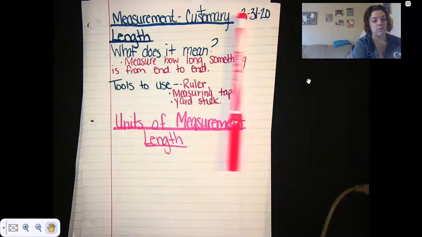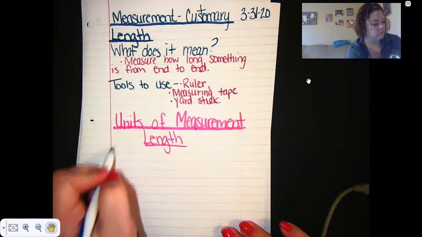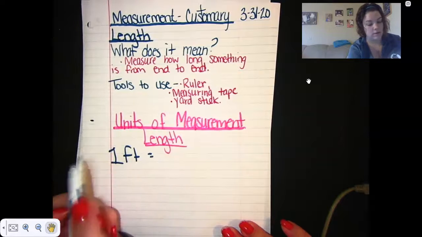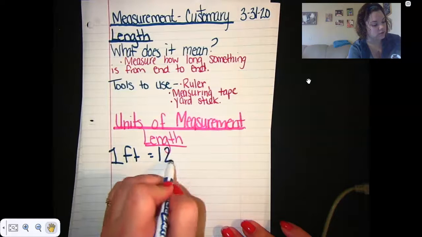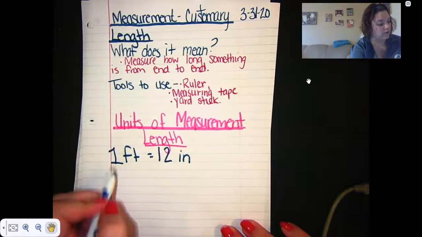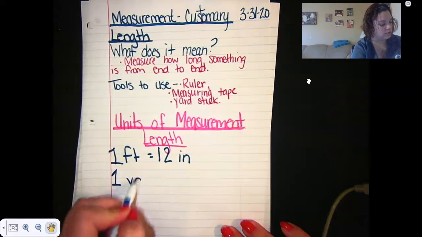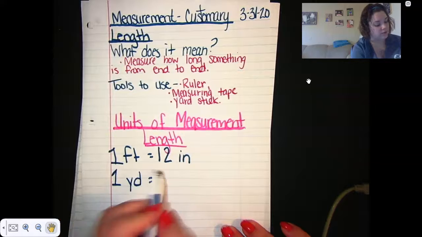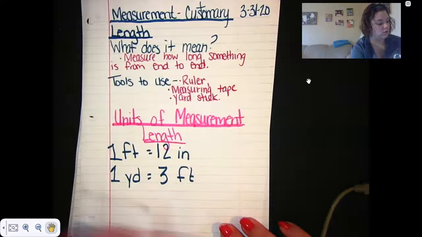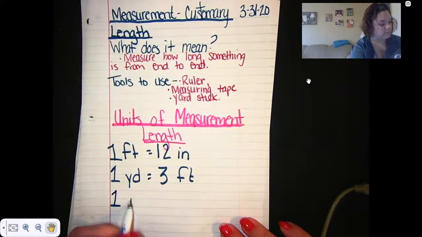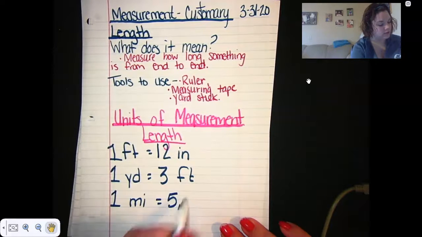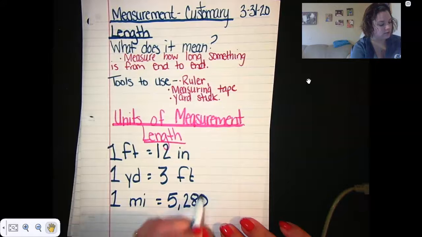So we're going to start with 1 foot. That equals 12 inches. Now we have 1 yard, and that equals 3 feet. We have 1 mile, which equals 5,280 feet.